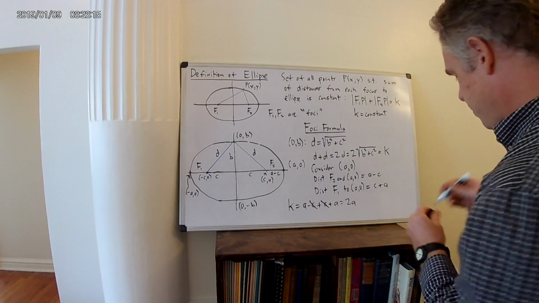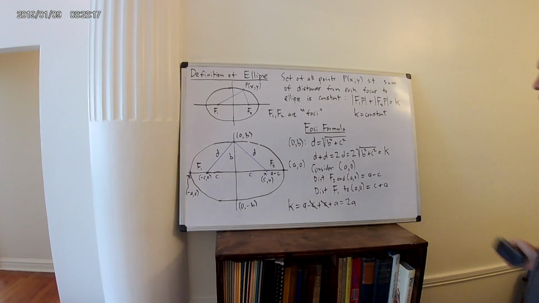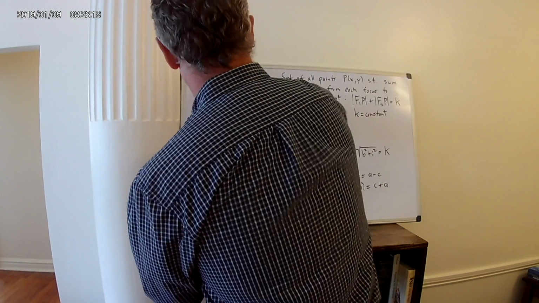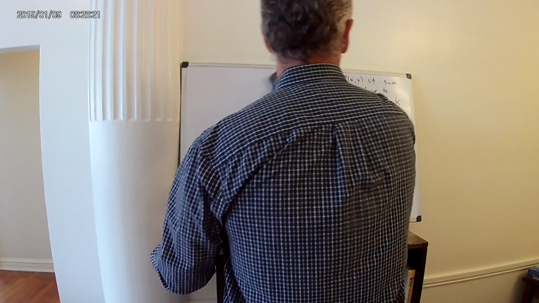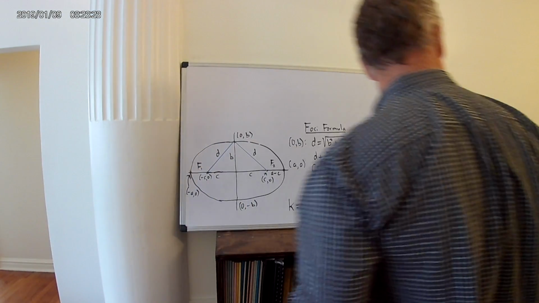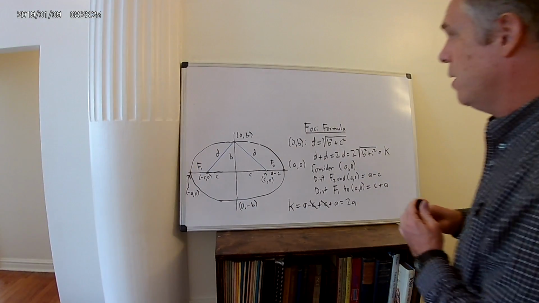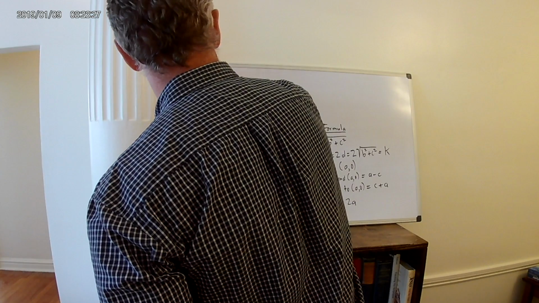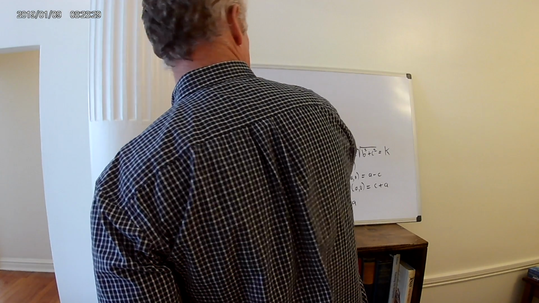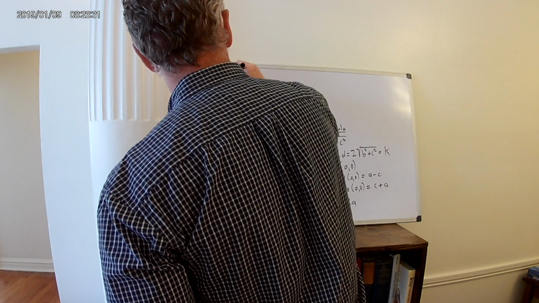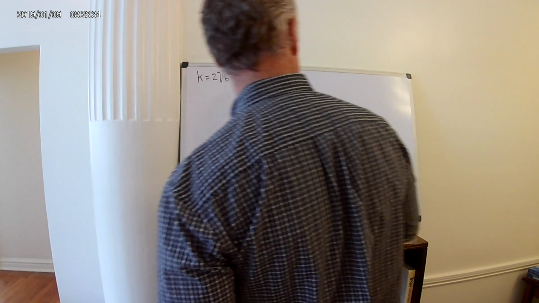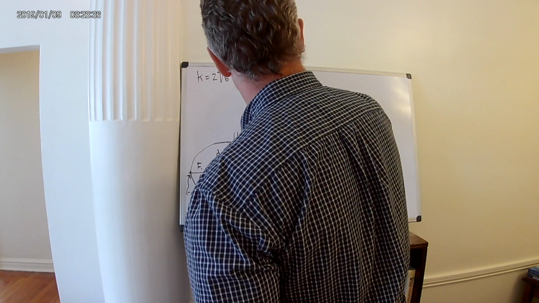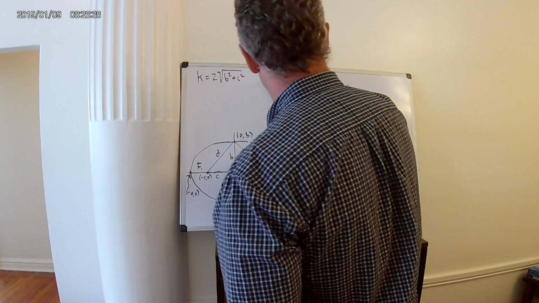Okay, I want to erase what's upstairs here. Again, you're not responsible for this derivation, but I thought it was kind of a cool thing to show you guys. So now I have two formulas. I have k equals 2 times the square root of b squared plus c squared, and I have the formula k equals 2a.